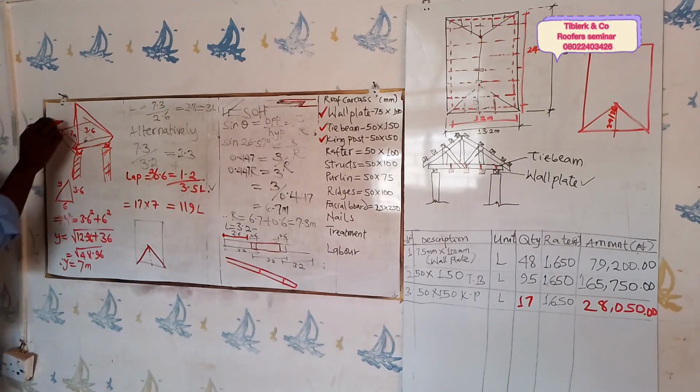Now, we know our king post to be 3 meters. So this is 3. Can I use that to determine this?